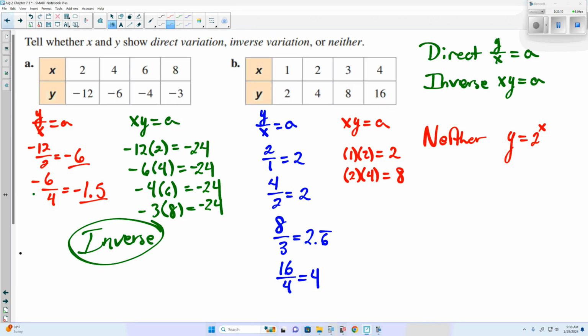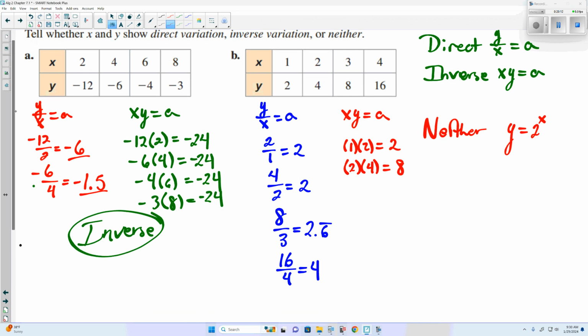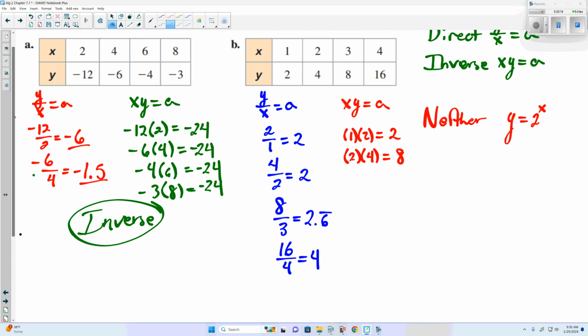Now, one thing I will bring up over here, because whichever one we check first really doesn't matter, but we said direct. If it's direct, they're going in the same direction, yes? Opposite, inverse is opposite. So if we look at A, we said A was inverse, because one is going up and the other is going down.